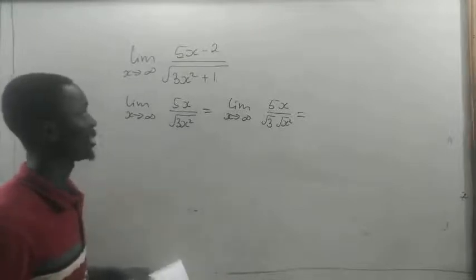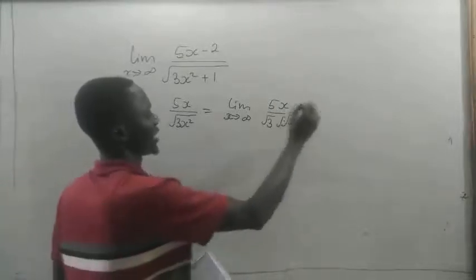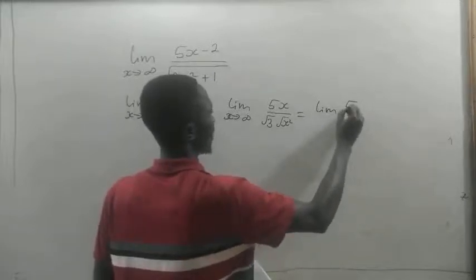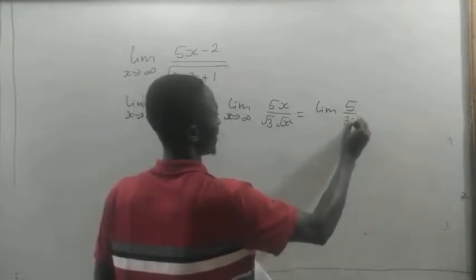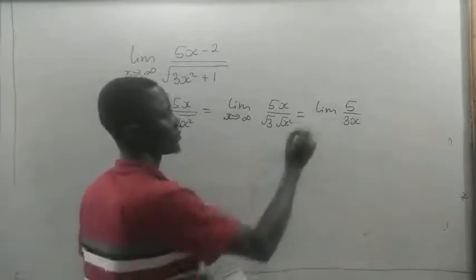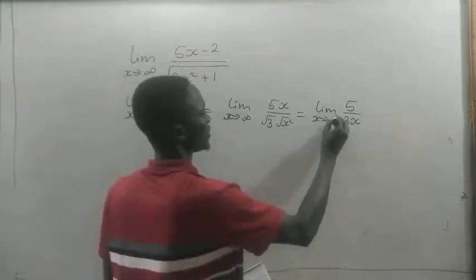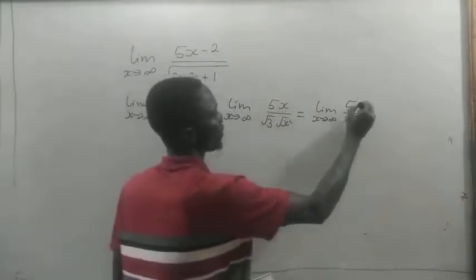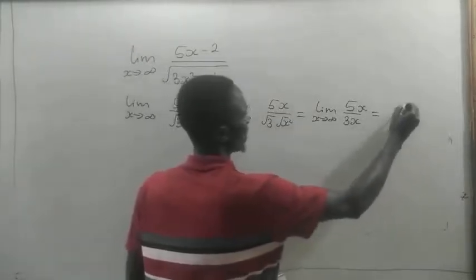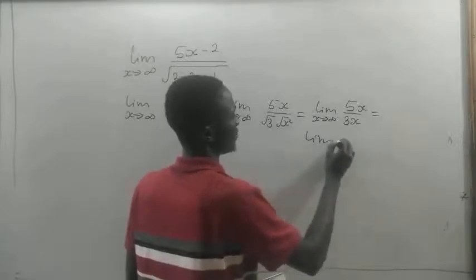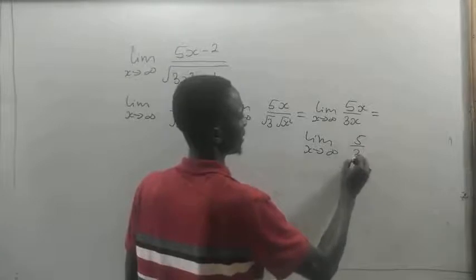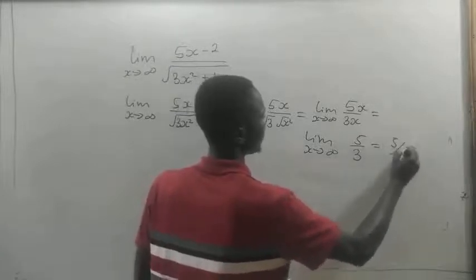We've done this already. So we take this as the limit of 5 divided by 3 times x as x approaches infinity. This one will cancel this, we have x here, and it's the same as the limit as x approaches infinity, 5 divided by 3. And that is the same as 5 divided by 3.